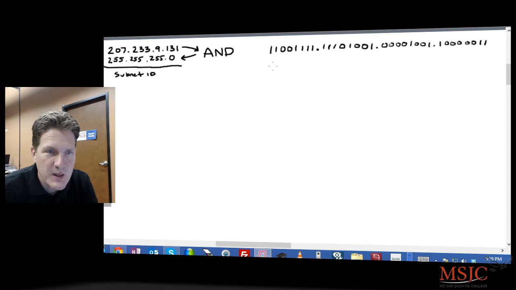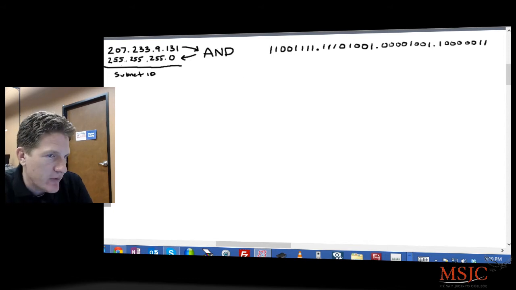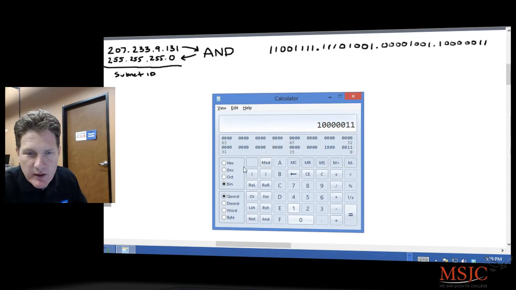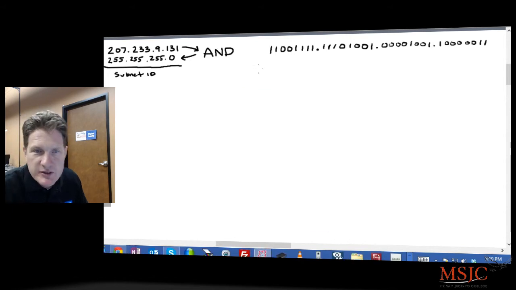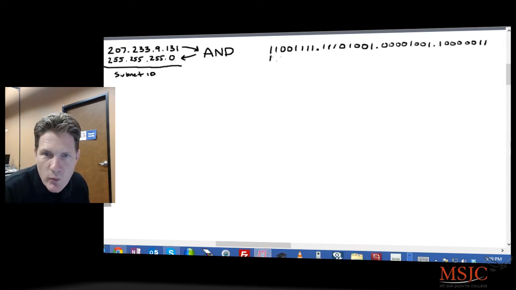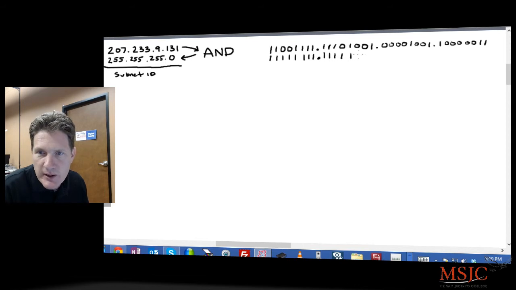Make sense? Now I'm going to take the binary equivalent of 255.255.255.0. You should know this, but for those of you who don't, 255 converts to binary as all ones: 8 ones, and 255 again is another string of 8 ones, right?